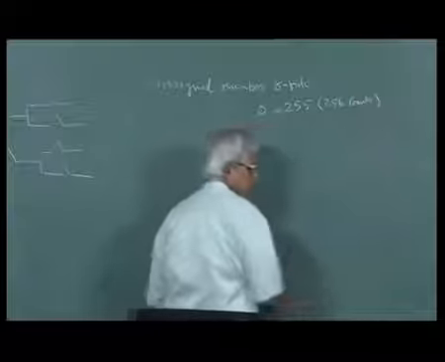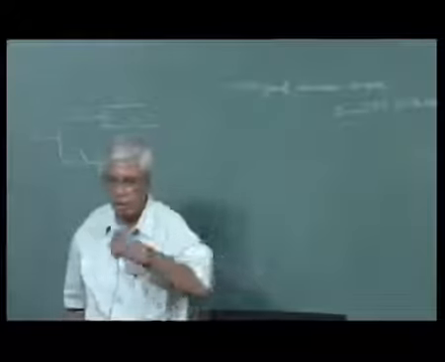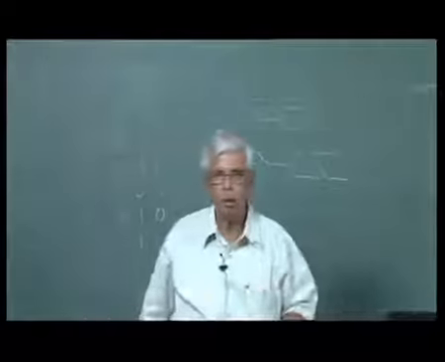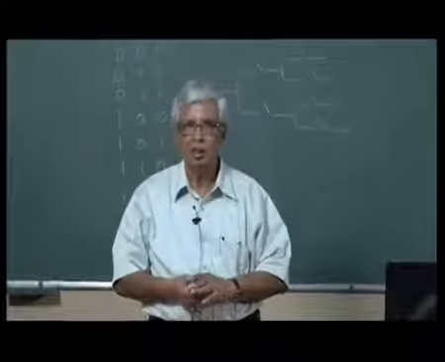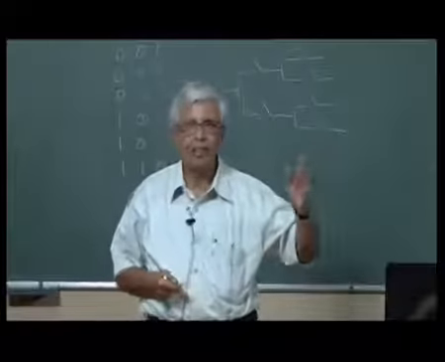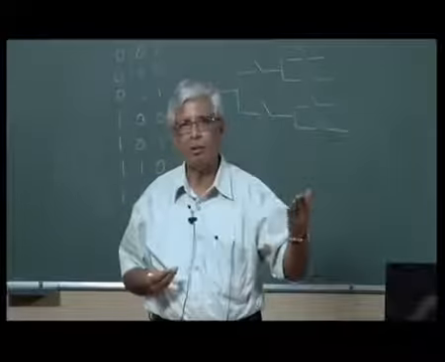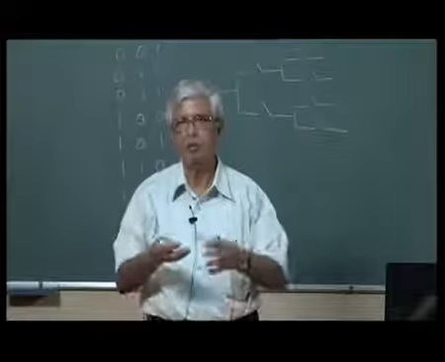Suppose I want to count the number of people coming into a hall. I need to know how many people are expected, what is the capacity of this hall. That determines the number of bits. I will not have a negative value there. There is nothing like a negative or positive number, I am just counting people.